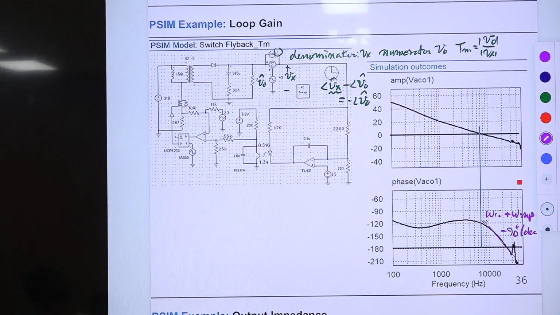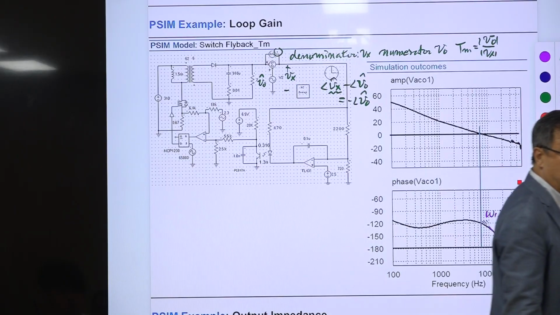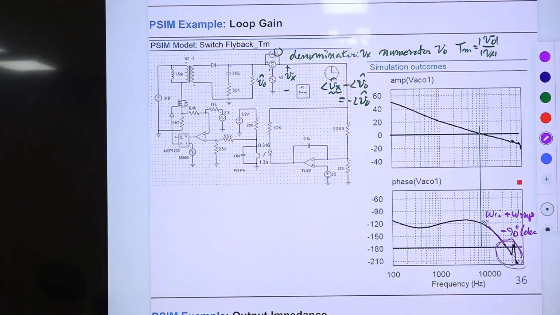But in this high frequency region, the accuracy of the small signal model becomes very poor, and the accuracy is not guaranteed. So you have some error here, but this makes sense because there is almost 90 degrees of phase delay per decade.